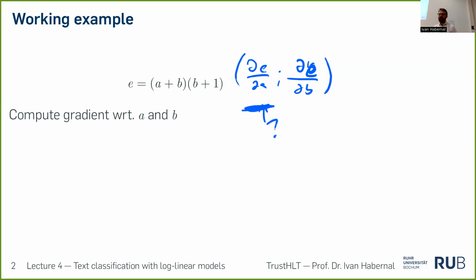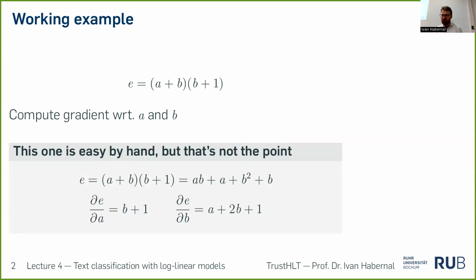Oh, this is constant, exactly. So you can do it by hand while treating the other variables as constant, basically using high school mathematics. It would be b plus 1, and this one with respect to b would be a plus 2b plus 1. If you don't know how to compute this, go back and do a refresher on how to compute derivatives of single variables. So this is the trick.